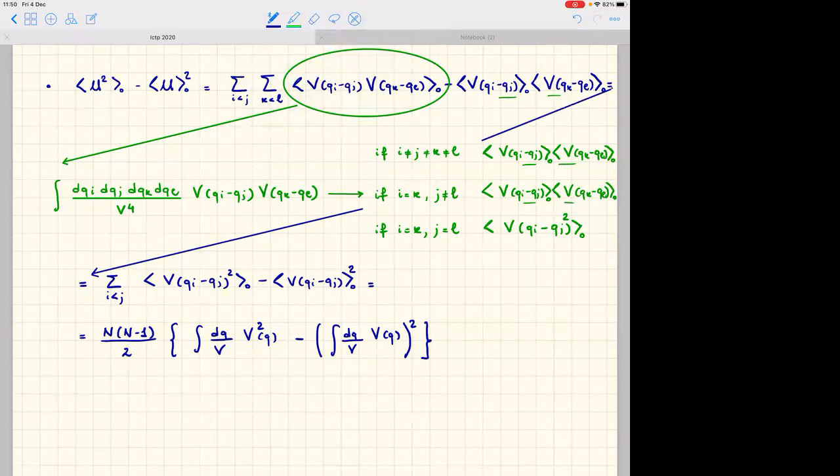Only the third case. Only this survives, because the other two terms are canceling each other.